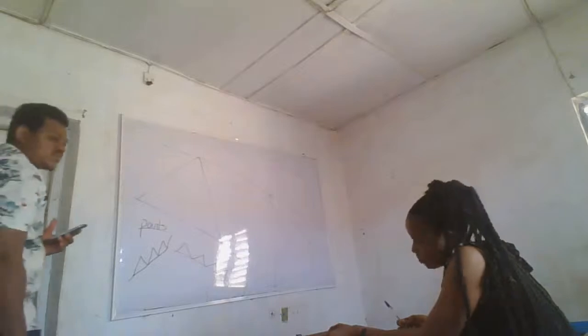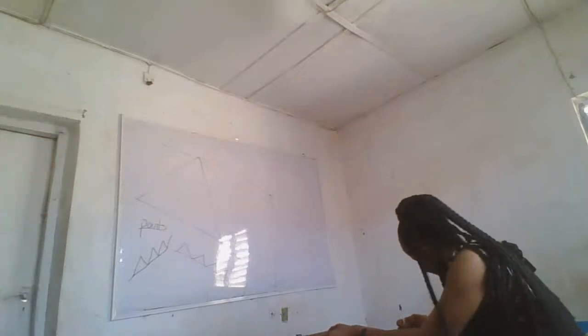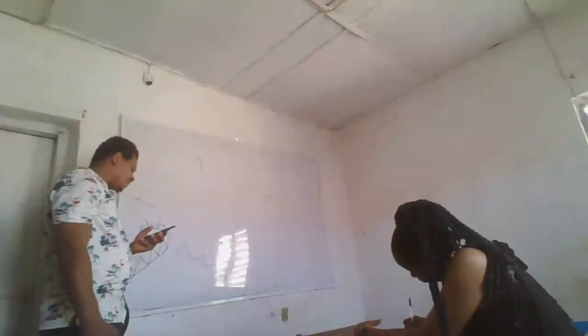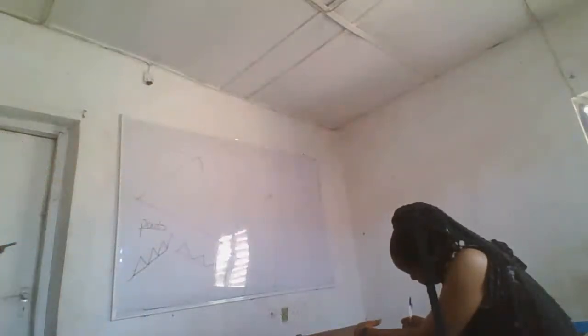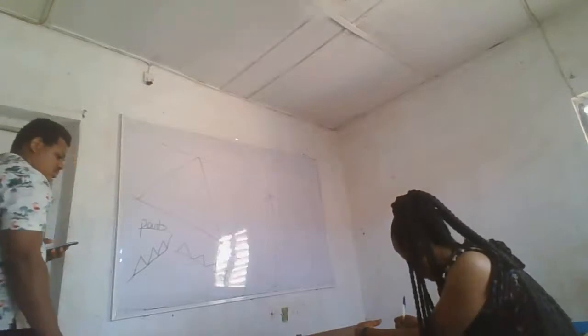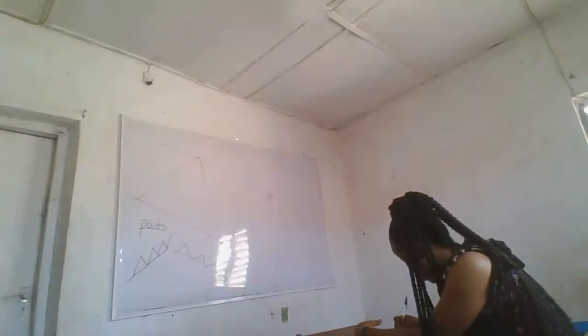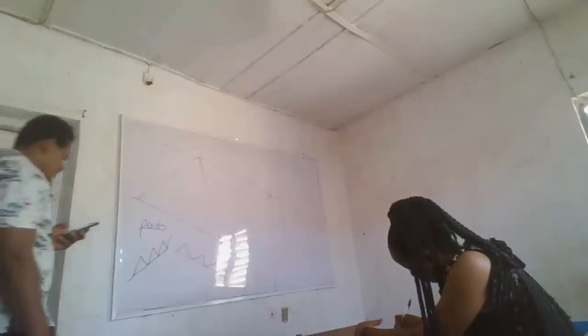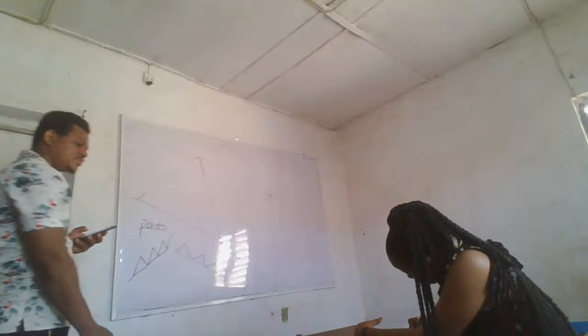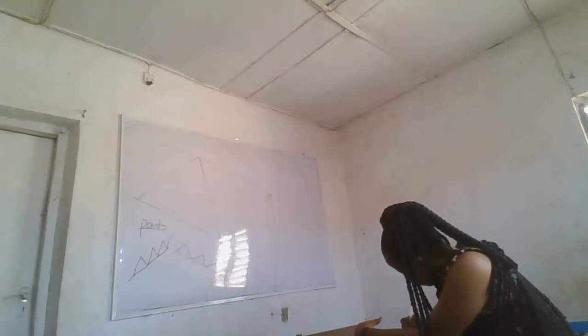The descending trend line or down trend line is exactly the opposite of an ascending trend line.